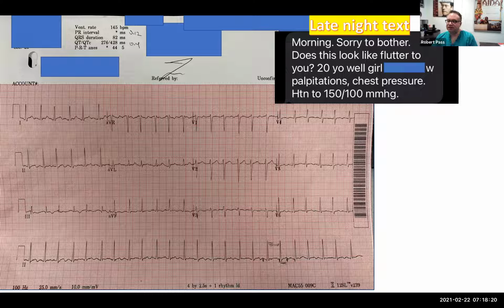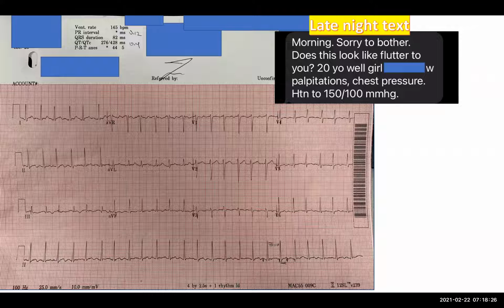So why don't I ask Grace Kong what she thinks? Good morning, Grace. So I definitely see P waves before each QRS. It's not so easy to see, but I do see them, and they're up in 1, 2, and aVF. So there is presumably sinus rhythm.